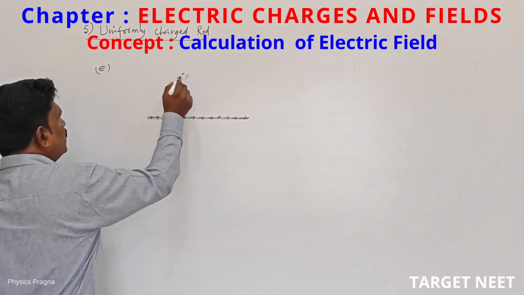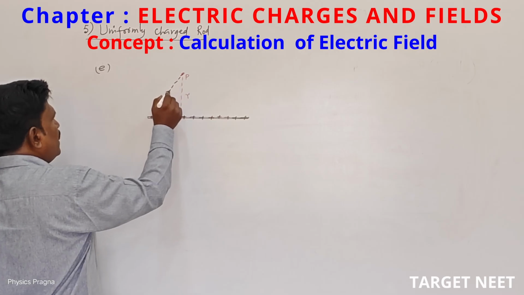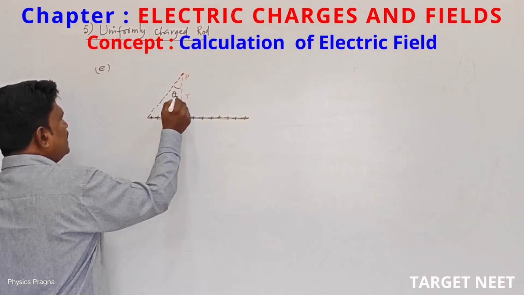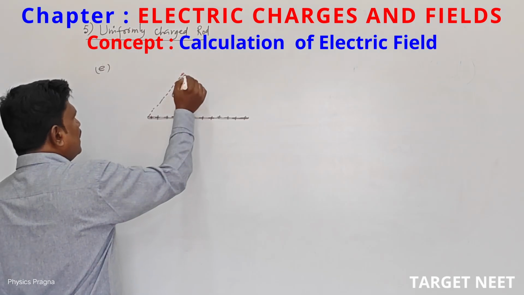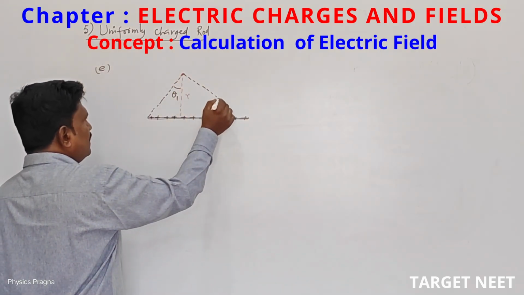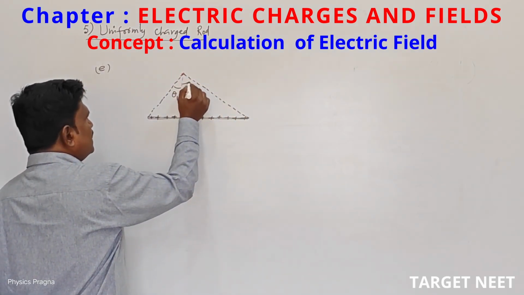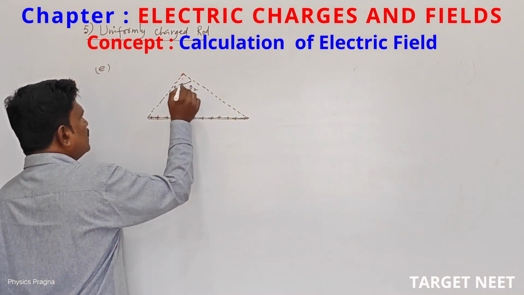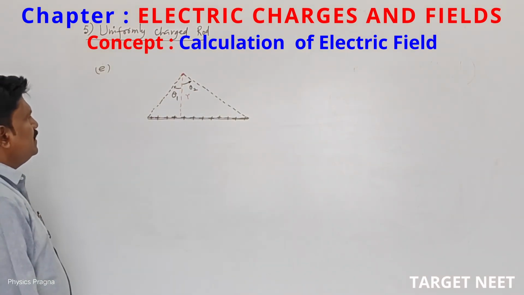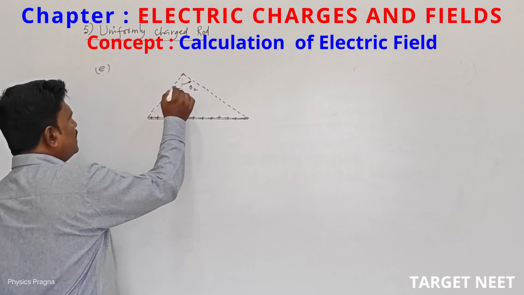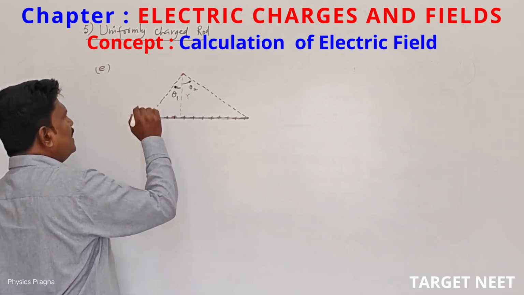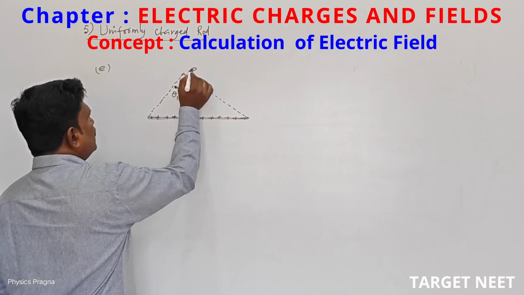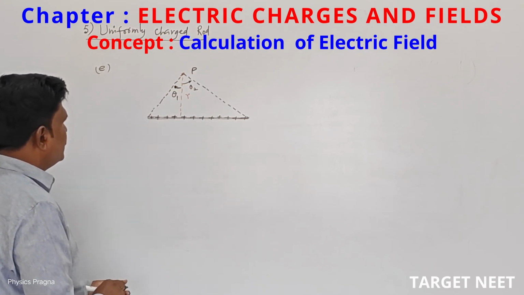Then what to do? We have to join this point P to either end of the rod. This angle is theta 1, and this angle is theta 2. This is the point P. Here is the electric field direction.